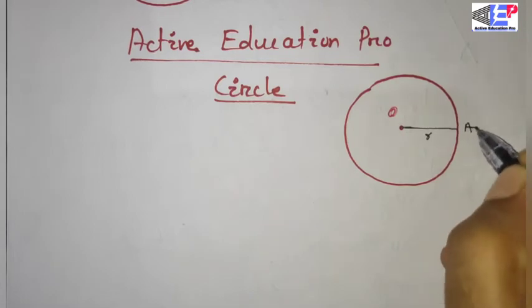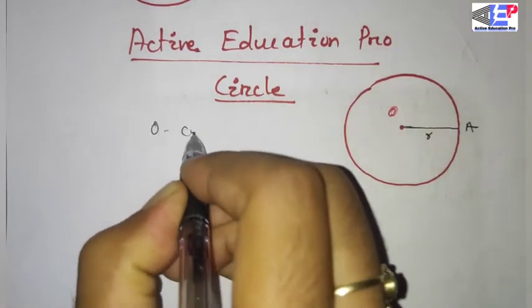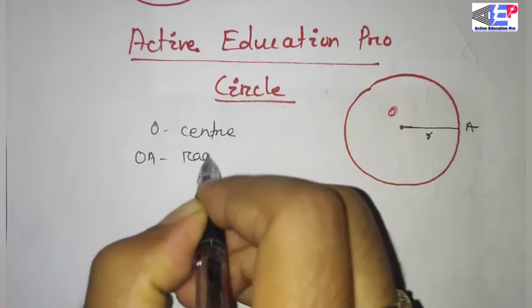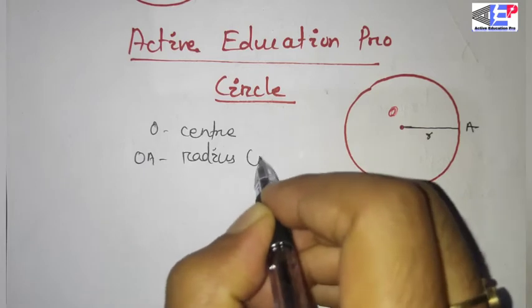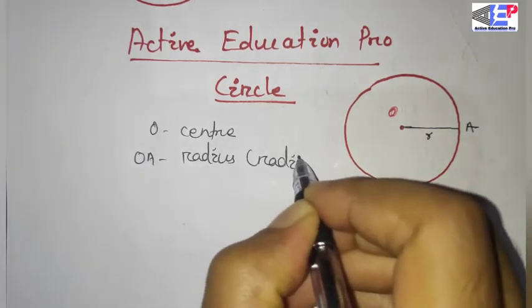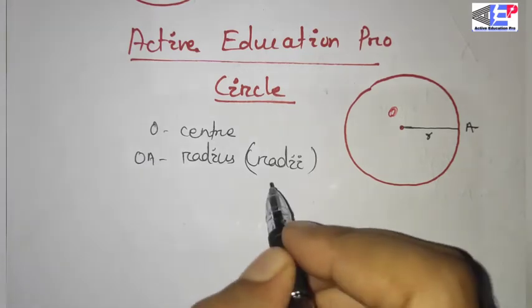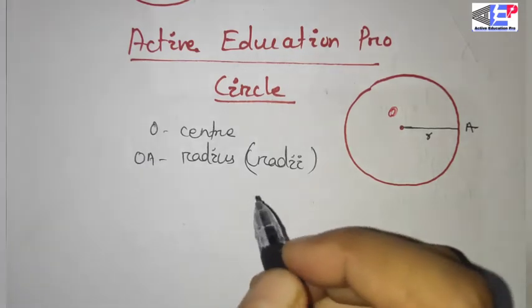So here O is the center and OA is the radius. The plural form of radius is radii. If there is one, this is a radius. If there is more than one, these are radii.